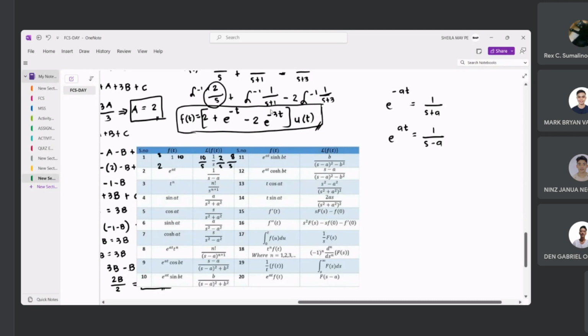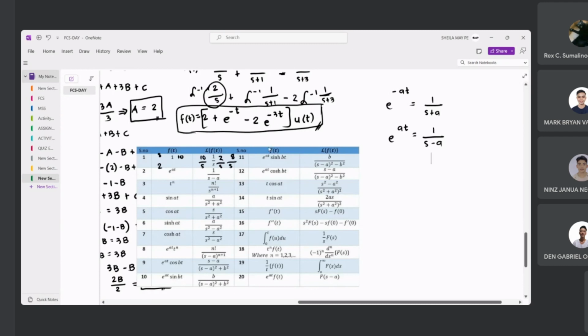Since it's positive, the exponent should be transformed to negative. Our a is 1, so that's negative 1t, or 1 times t is just t. So, negative t. And here, we have 2 times the inverse Laplace of 1 over s plus 3. A is 3. Since it's positive, the exponent is negative, and a is 3, so that's negative 3t.